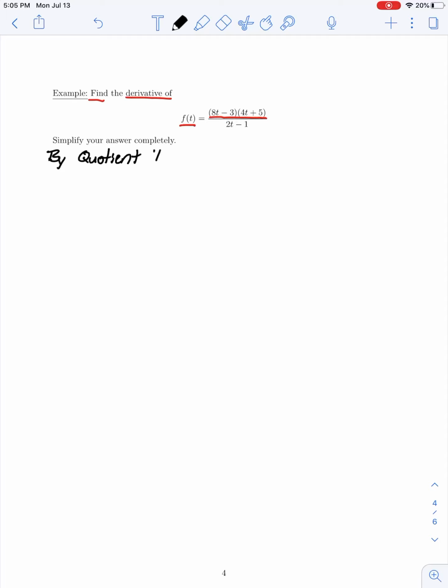So here I'll say by the quotient rule, our derivative f prime of t would be found by first taking the derivative of the numerator. Now, our numerator is a product, so we're going to have to use the product rule to differentiate that.